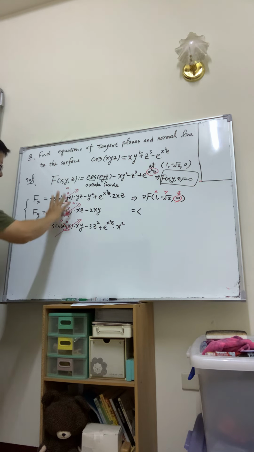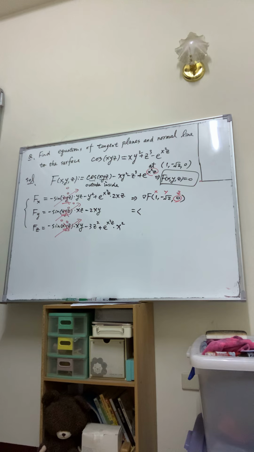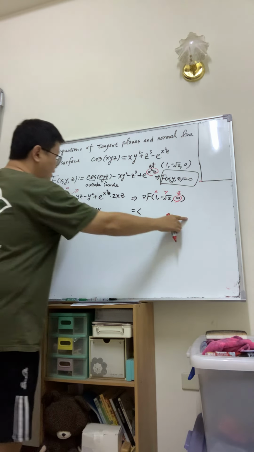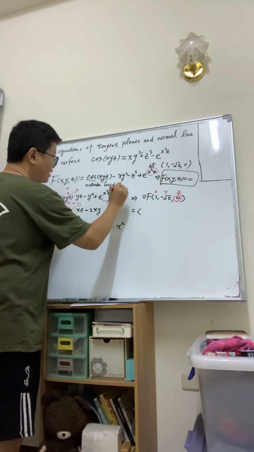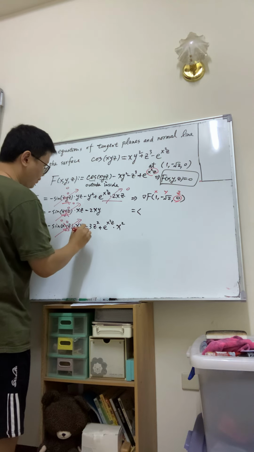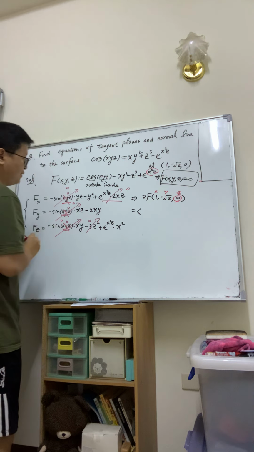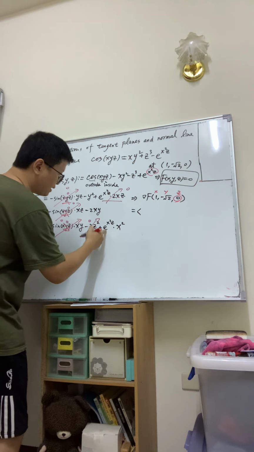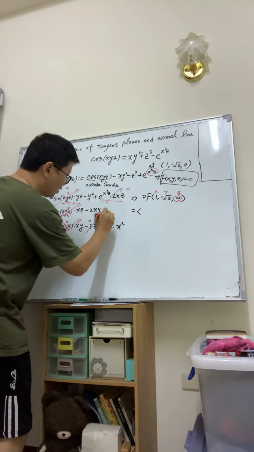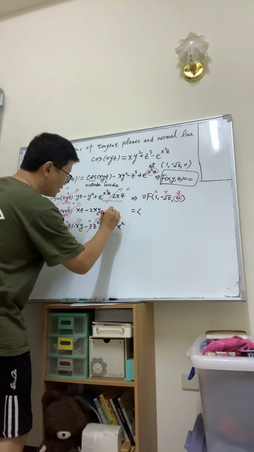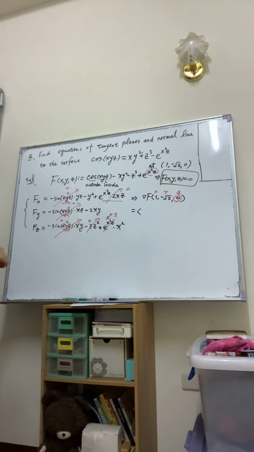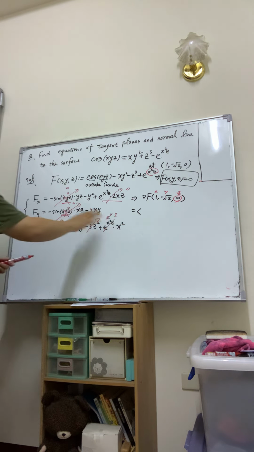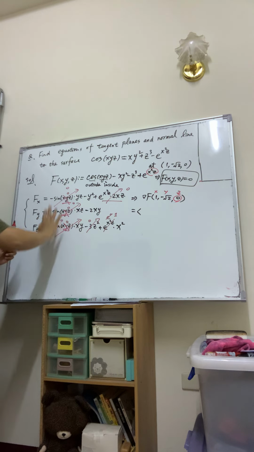For this term there are zeros, and g equals 0, so it's 0. And this term is also 0. And this term is exponential 0, and exponential 0 is 1.